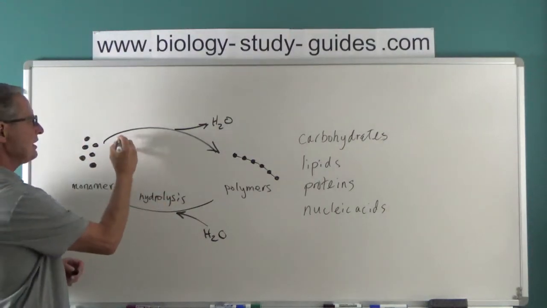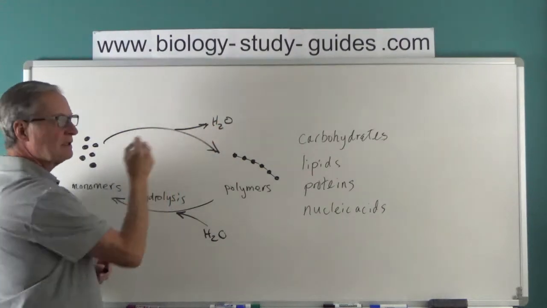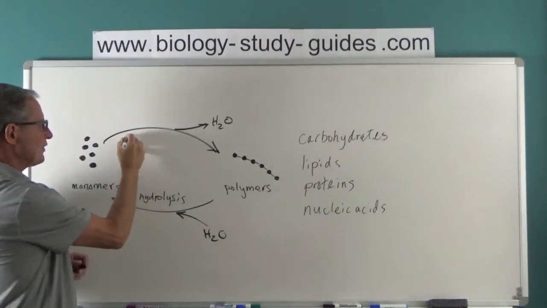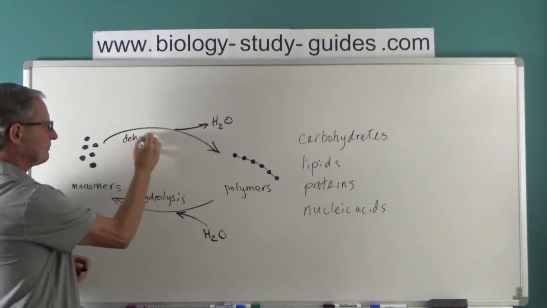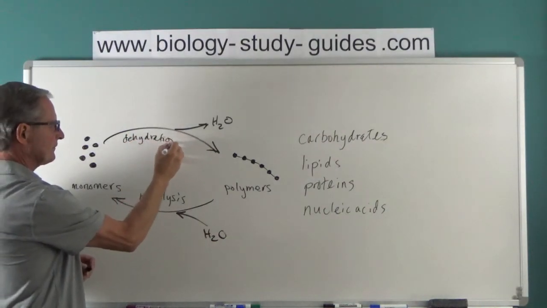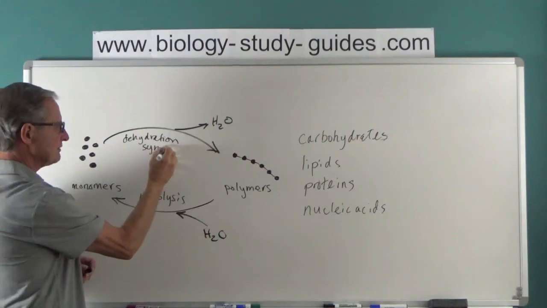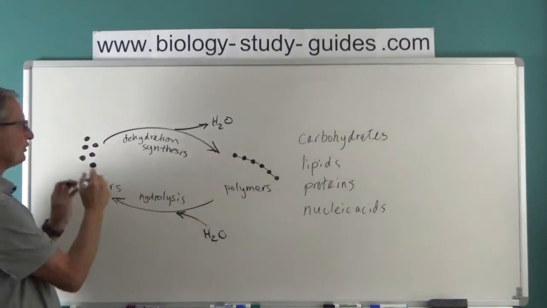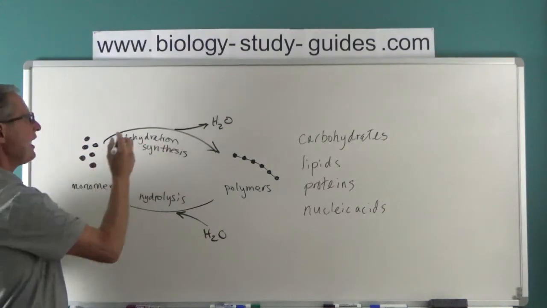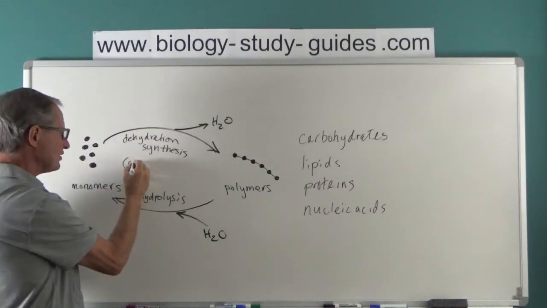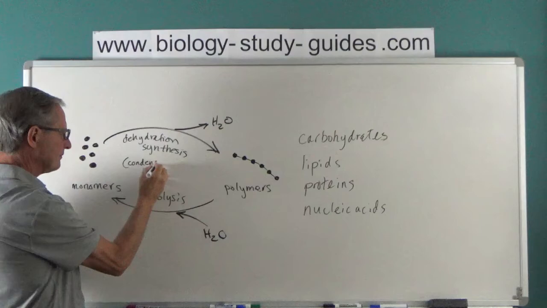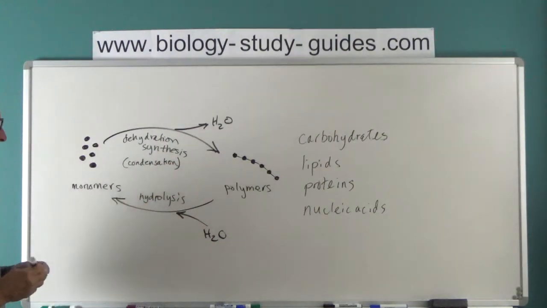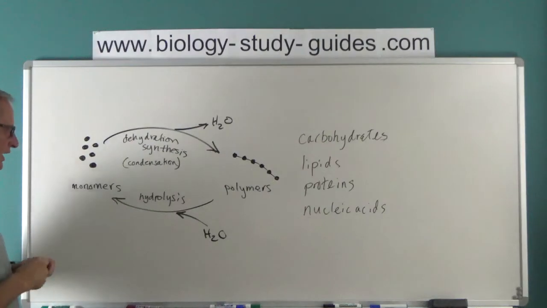This reaction, because water is being given away, is called a dehydration reaction, or dehydration synthesis, because we're synthesizing larger molecules and dehydrating at the same time. It's also called a condensation reaction. Water's being given off. So we have hydrolysis and condensation.